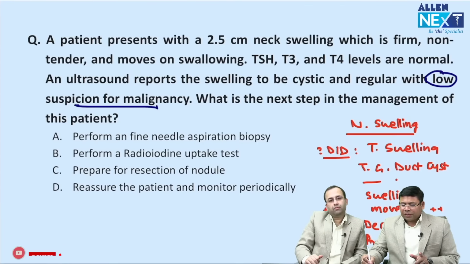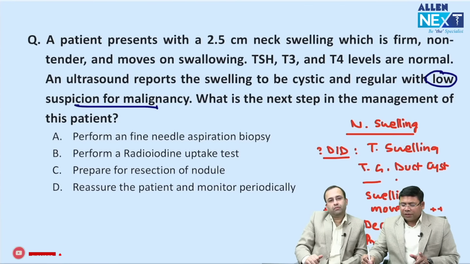When you're doing USG assessment, you can also tell, based upon the USG findings, what the features suggestive of malignancy are. I can take it from the audience, you can also type. Look at the orientation of the gland: it is more flat than tall, so you can say the gland being taller than wide is one thing.